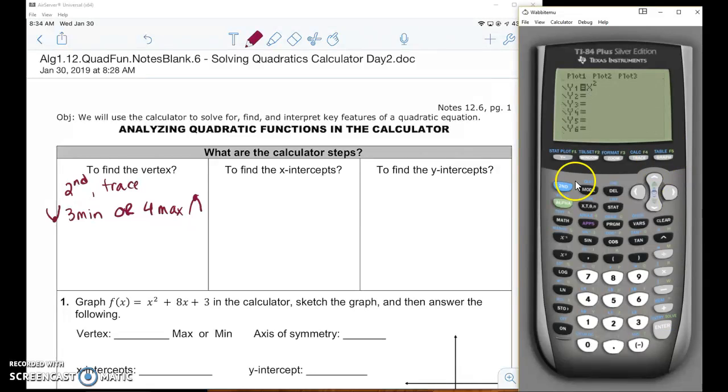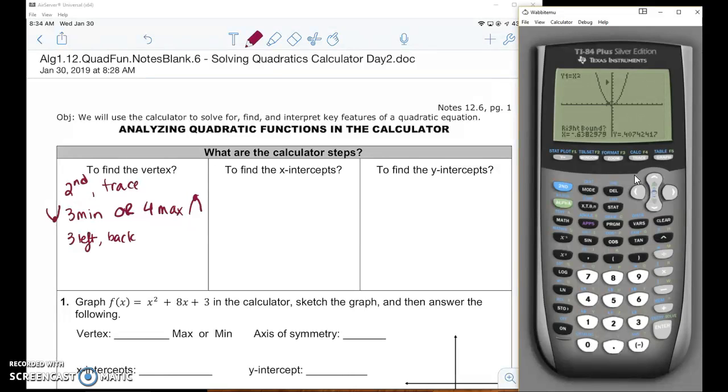I need to put in a quadratic function so that I can show you. If I was looking for a minimum, I would select option 3. I start with my cursor on the vertex, and I go 3 to the left, push enter.